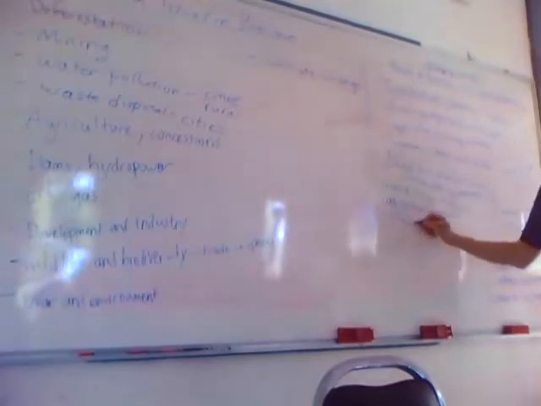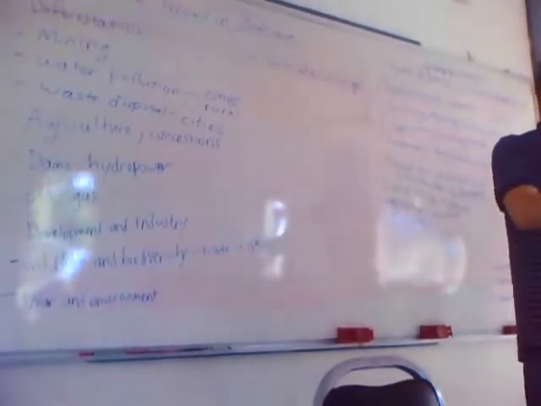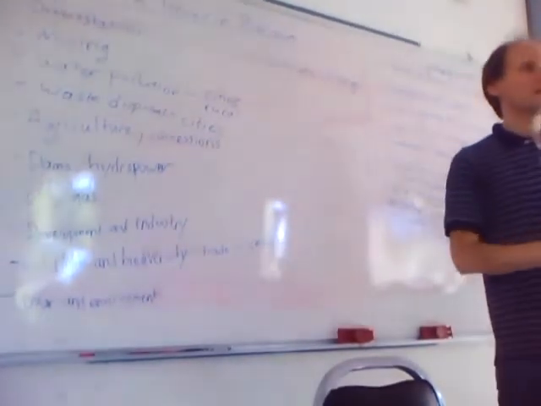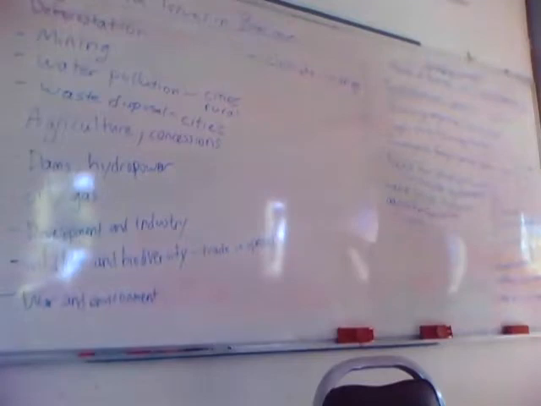Logging is cutting trees. It's when the government, by regulation, says this land should be used in this way. So for agriculture or for logging, they can put restrictions sometimes saying there shouldn't be certain activities on this land.